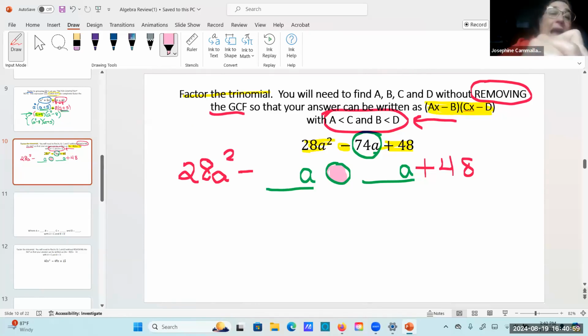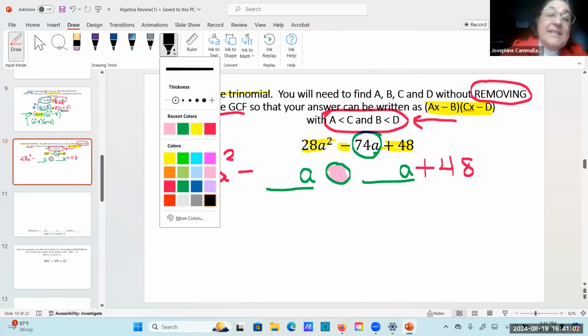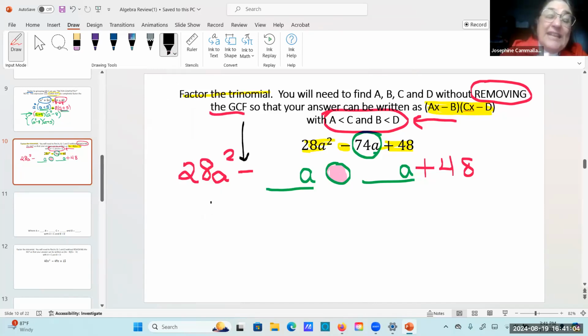Now, how I do it is I ask myself, negative times the sign I put here has got to give me a positive sign. The negative in front of the first green blank times whatever I put in the circle has got to give me a positive sign. And that means this is negative.